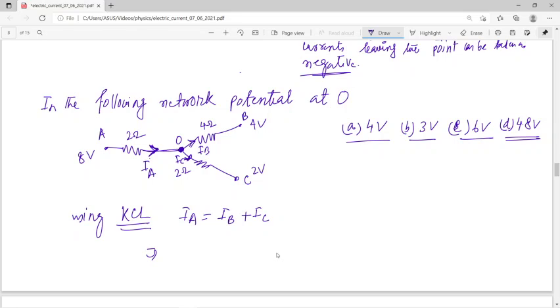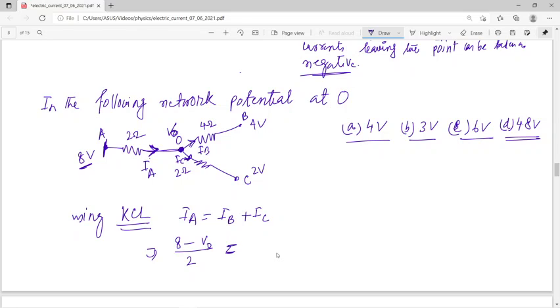So what is IA? If the potential at point O is VO, then we can write directly for the circuit: the potential at A is 8 volt, here the potential we take VO, and the resistance is 2 ohm. So current IA is (8 minus VO) by 2.